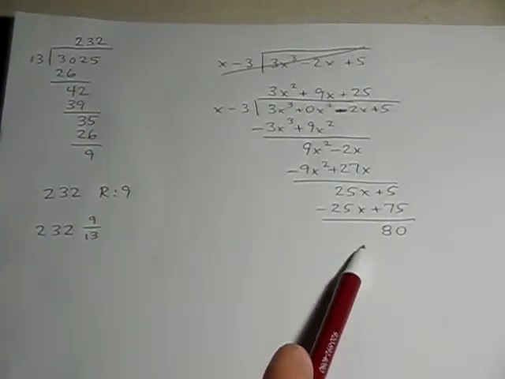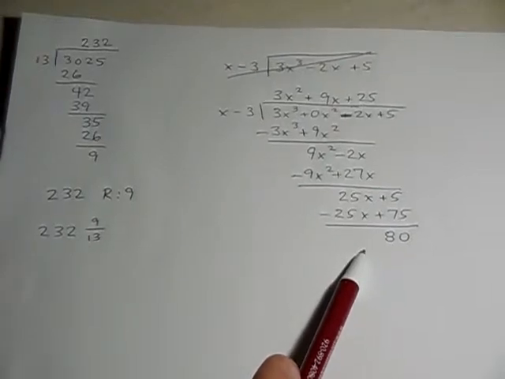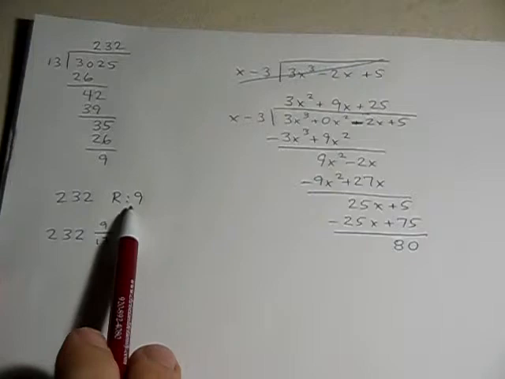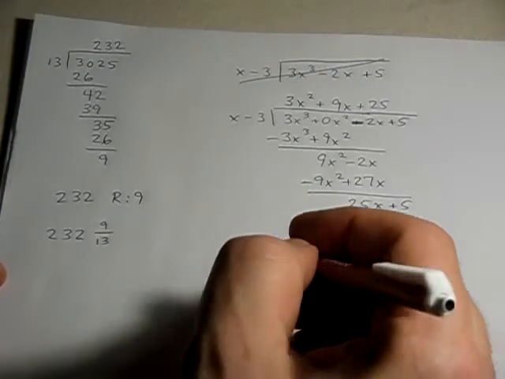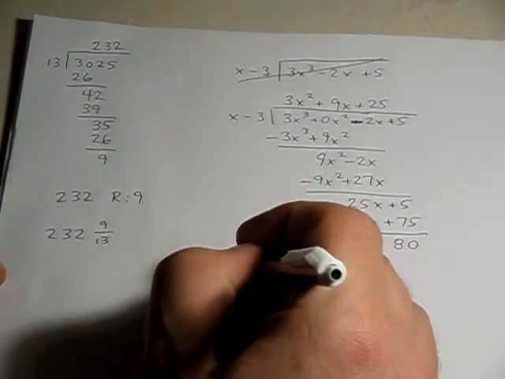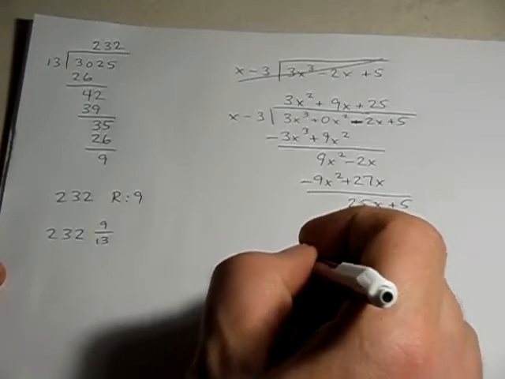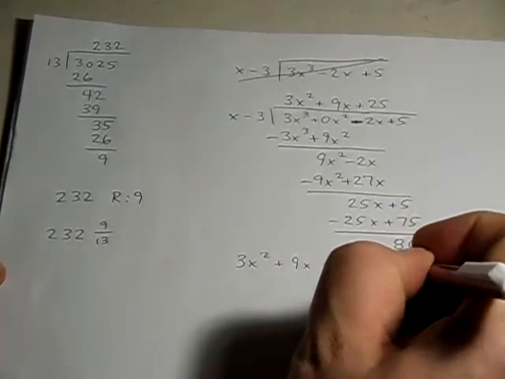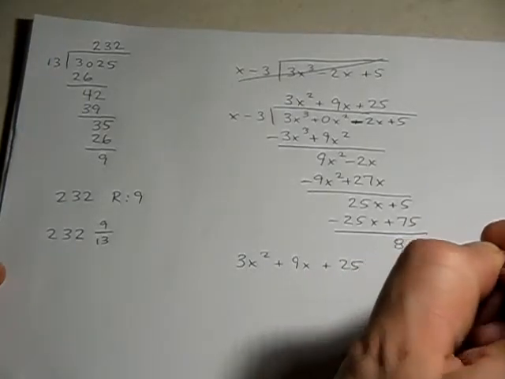Now, the same is true with polynomials, only most of the time we don't write the remainder just as a remainder, but you could. And there are some cases where that is beneficial. So you could write your answer as 3x squared plus 9x plus 25, remainder 80.